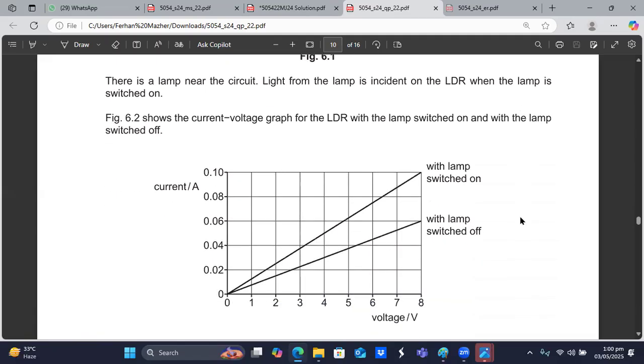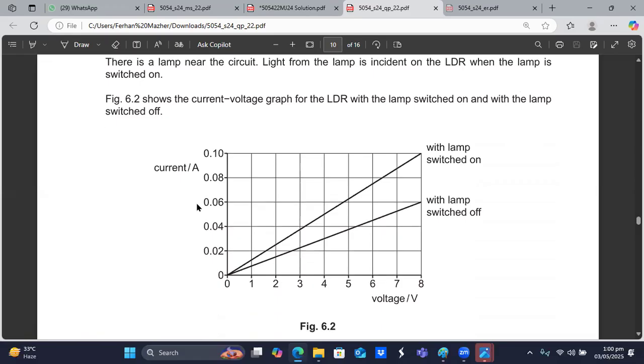So you can see here, on the y-axis, the current is represented, and on the x-axis, the voltage is represented. And we have two graphs here. One is for when the lamp is switched on, and the other one is with the lamp switched off.